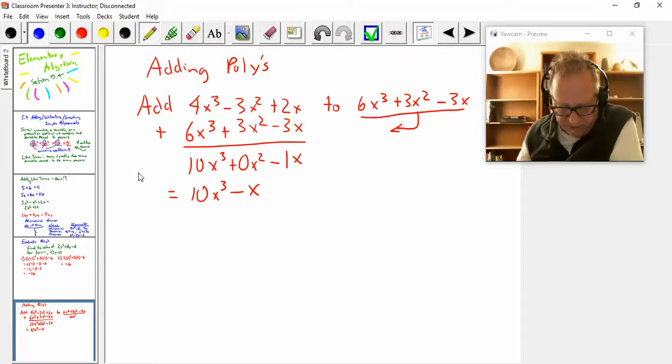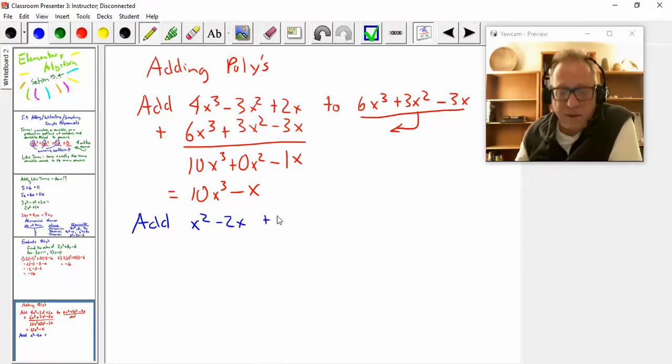Let's try another one. This time I want to add x squared minus 2x plus 5. I want to add that to 4x squared minus 2.